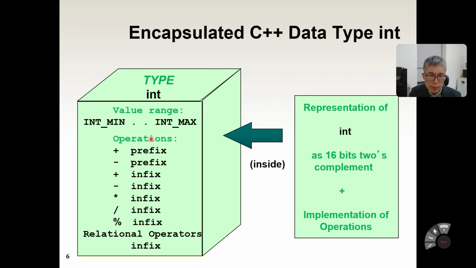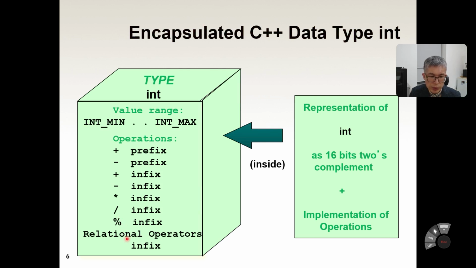Also, for possible operations: the prefix plus for a positive number, prefix minus for a negative number, and infix plus and minus. This is addition, this is subtraction, star means multiplication, slash means division, and percent means the modulo to get the remainder.